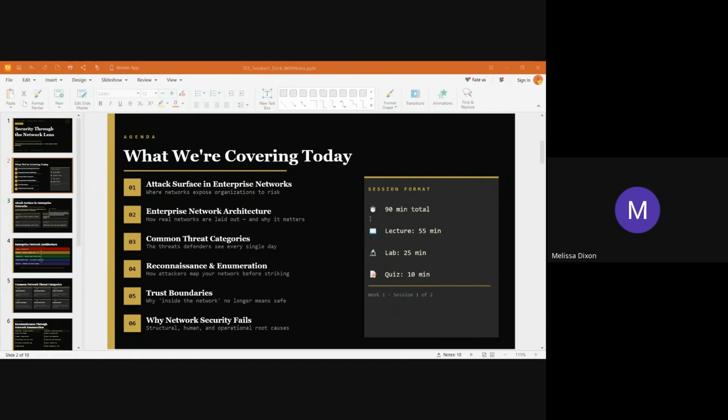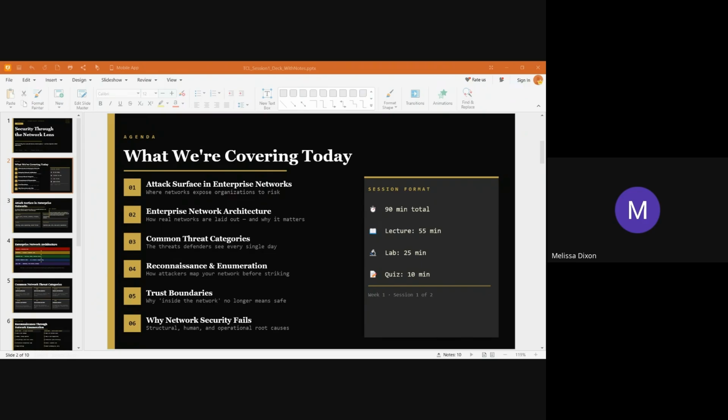And then there's a quiz, of course, and they're not really optional, because that's how learning gets locked in, right? It's through hands-on. So by the end of today, you'll be able to look at any network and start asking the right questions: what are the entry points, where are the boundaries, and where is this most likely to break?